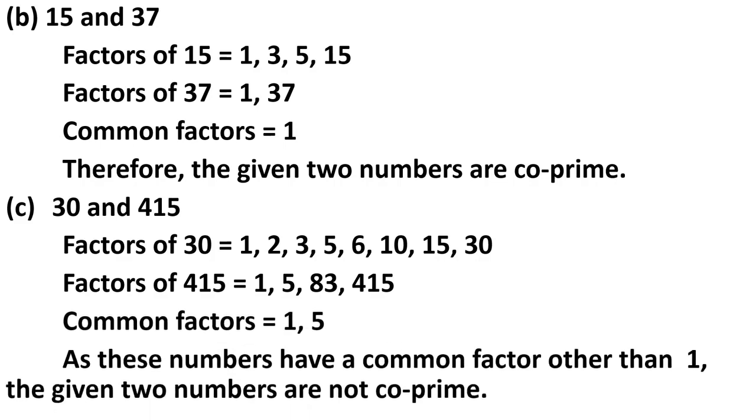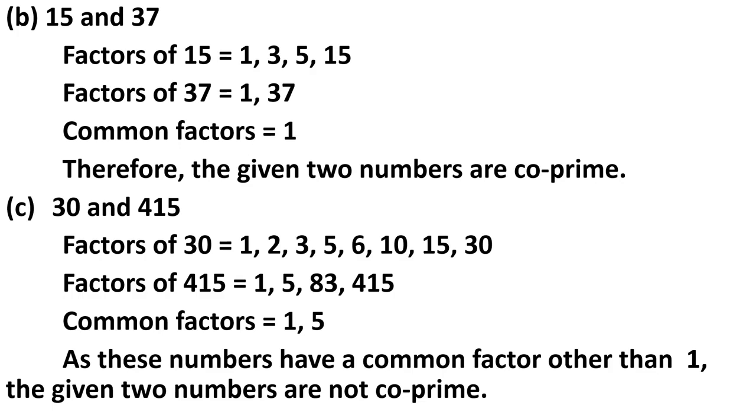Now see the common factors. In this case, the common factors are 1 and 5. As these numbers have a common factor other than 1 also, the given two numbers are not co-prime numbers.